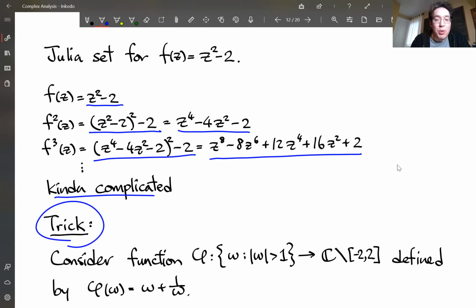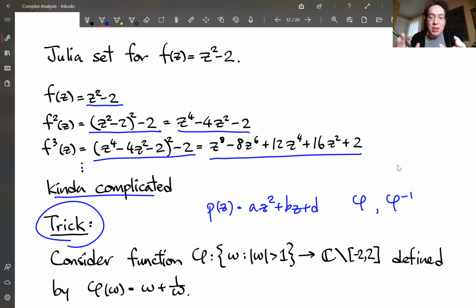And it's a trick that we've already kind of seen before. So remember when we had a polynomial of second degree, we used a function and its inverse and kind of sandwiched this with a particular quadratic function.